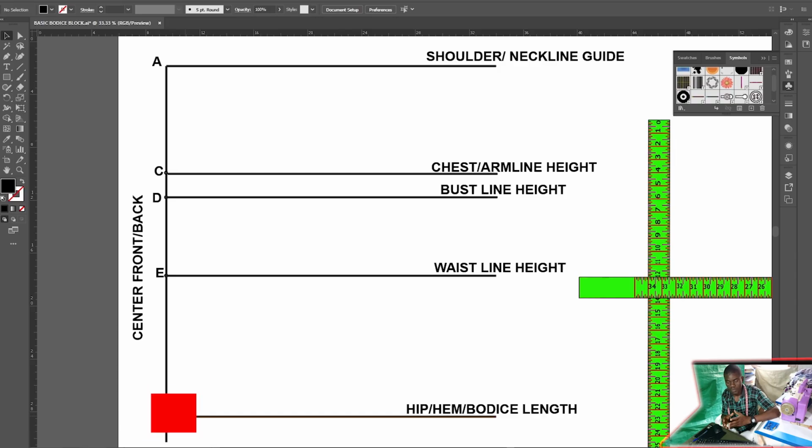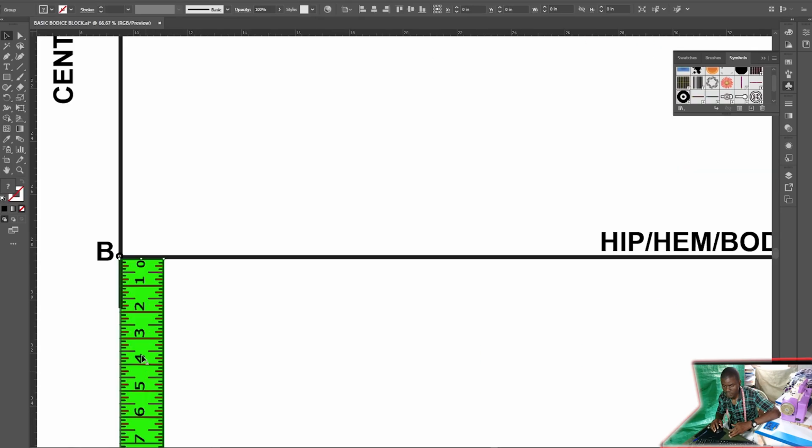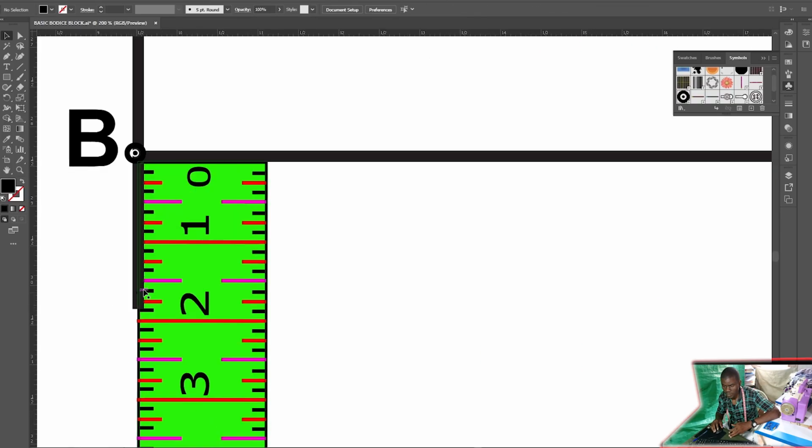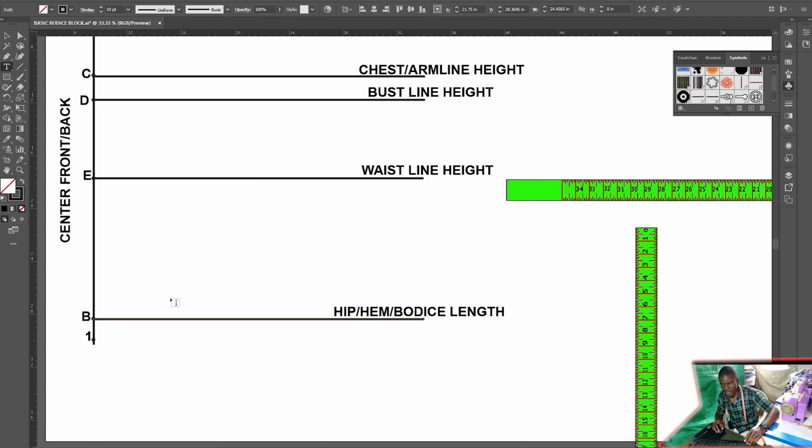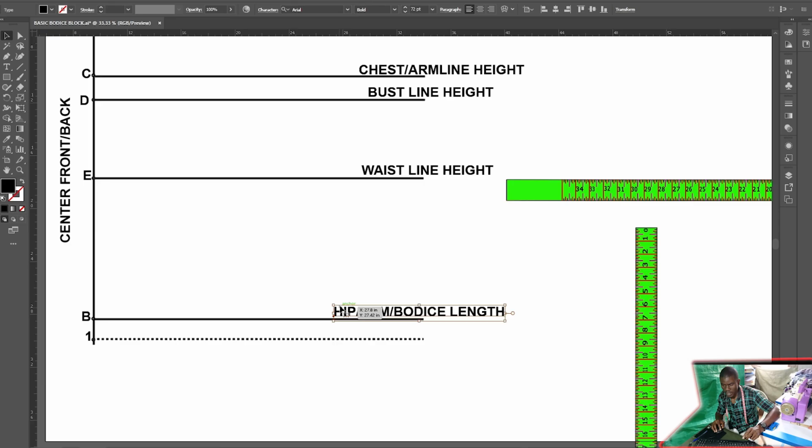So from B, we are marking downwards 1.5 inches like this. Then we mark this point 1, which is our hem allowance line. Then we square down a broken line like this. Then we go ahead and label this our hem allowance line.